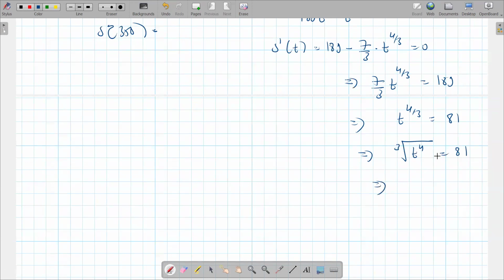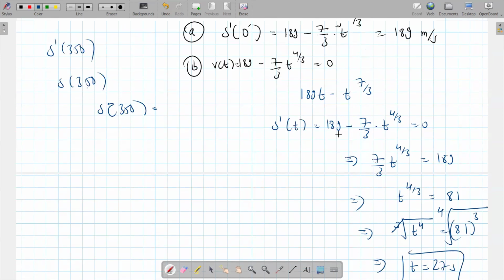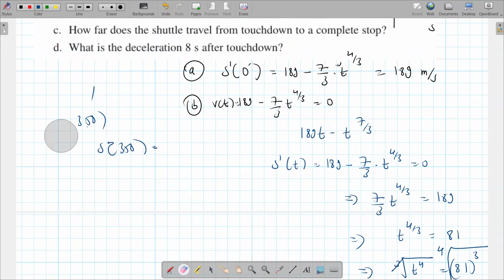We need to get rid of this cube, so I need to cube this first, and then I take the 4th root. I did the other way around. I did the 4th power, 3rd root. So power 3, and then we take the 4th power. So t is exactly 27 seconds. That makes way more sense. So t is 27, so we need to find s of 27 for part C.